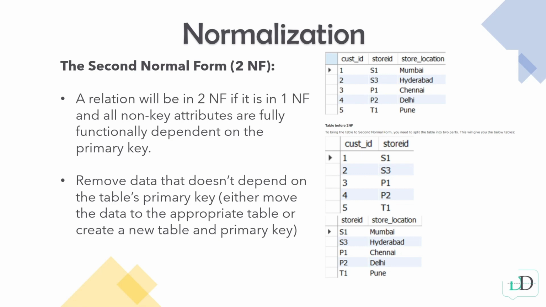The second condition is that if we disturb any of the values in that column or table, our business should be impacted. If I removed the Delhi and Pune locations from the table, it would impact the business. Yes, it will impact.